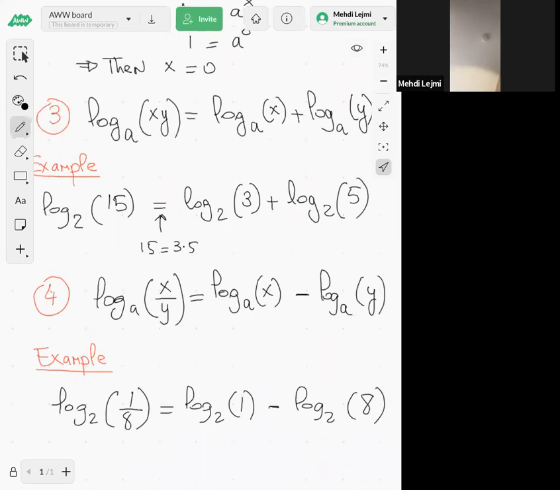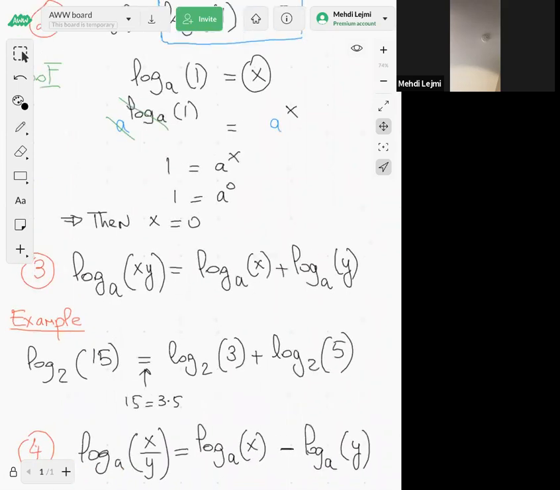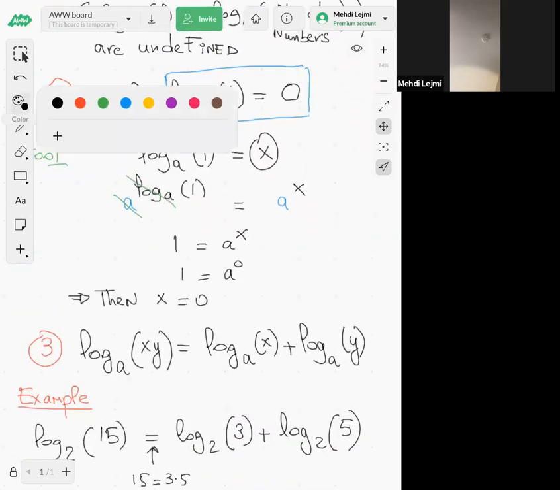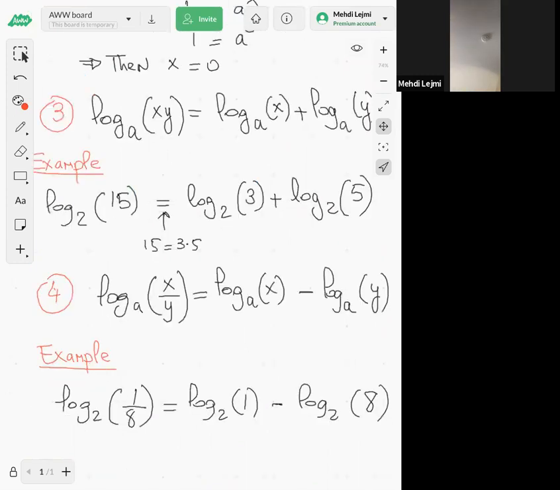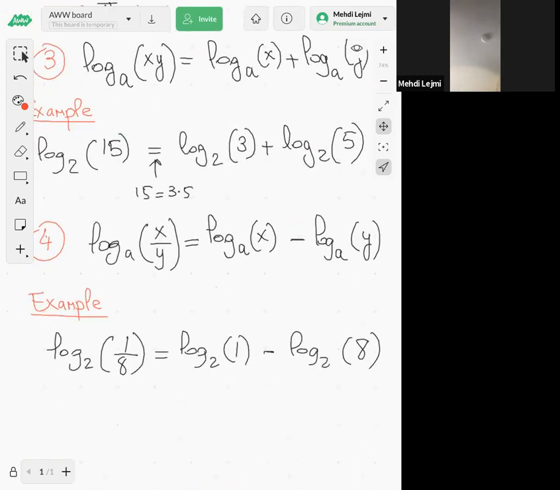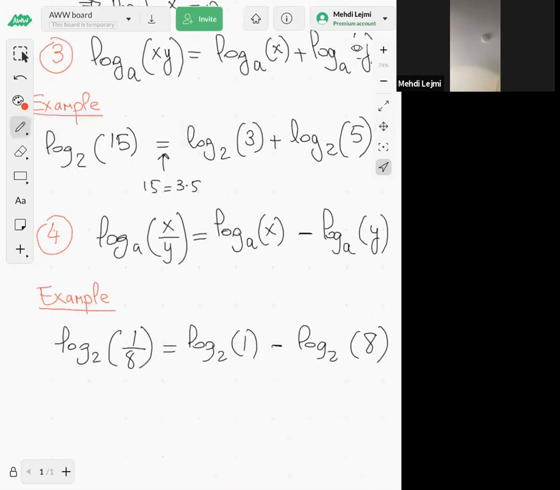But then, guys, remember, we said the log of 1 is always 0. It doesn't really matter the base. So this log here, that's log of 1, that will be 0.